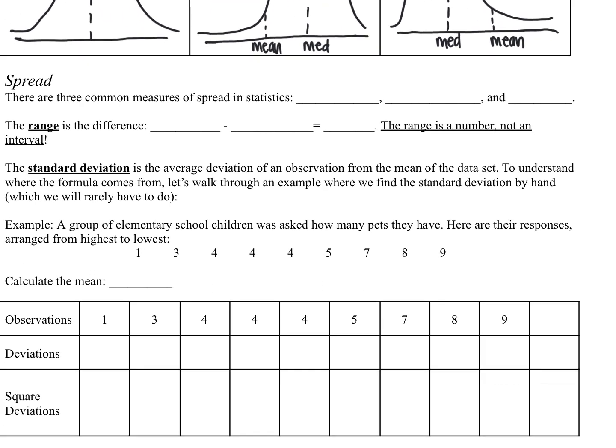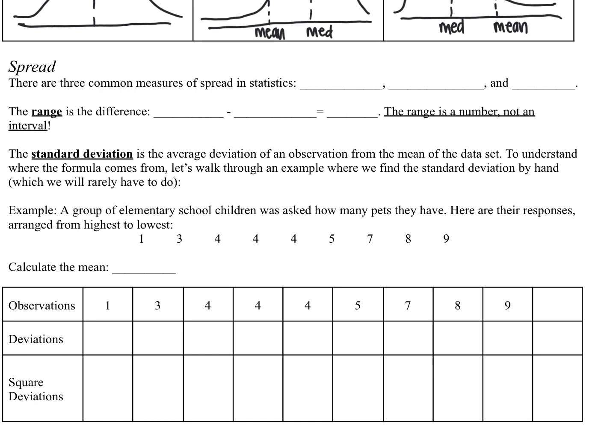So the last type of descriptor we use for a graph is the spread. And for spread, there are also 3 common measures in statistics, one of which you've probably heard before, and that's range.